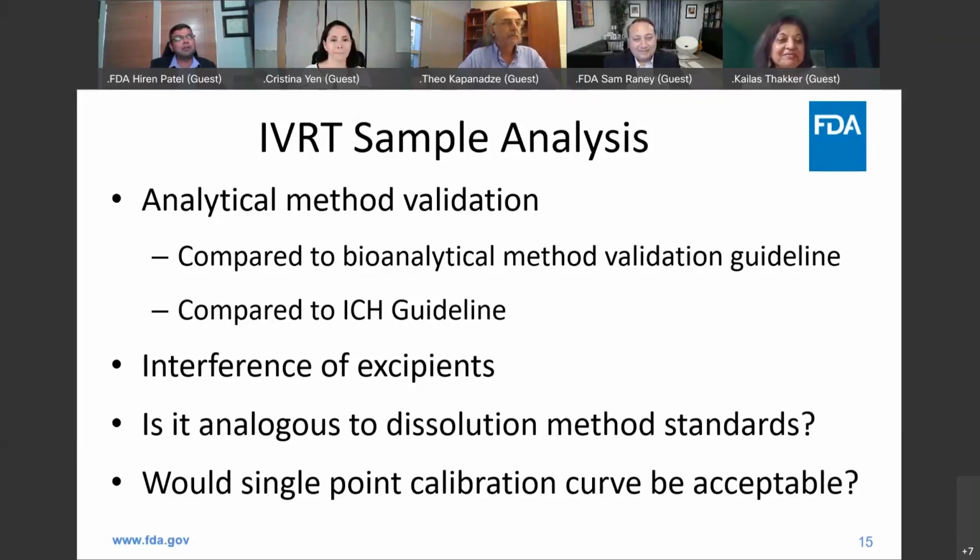Even as a reviewer, if there is no impact on the quantification of your API in the presence or absence of matrix, I think your method is well validated. And when you conduct the actual study, it should be okay to just use the receptor solution, because it was already demonstrated that there was no impact on the quantitation of that API in the receptor solution. So I don't see any major concern there.